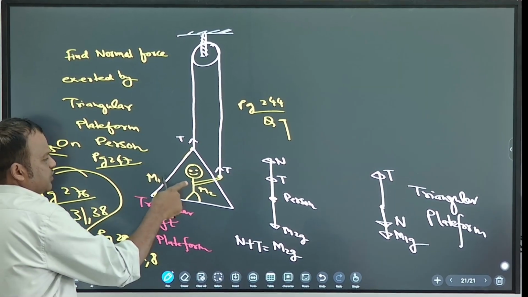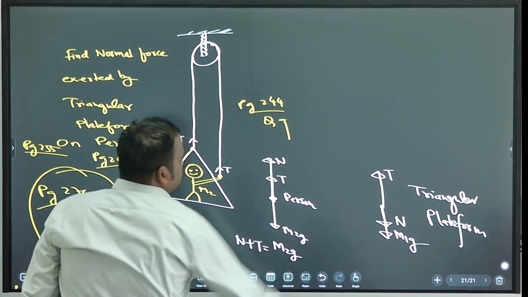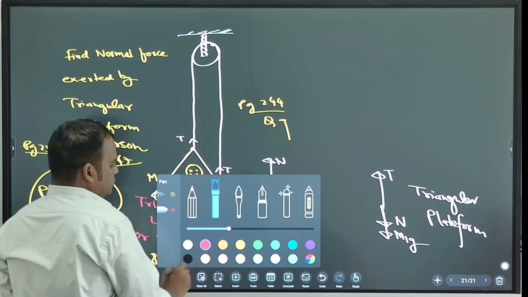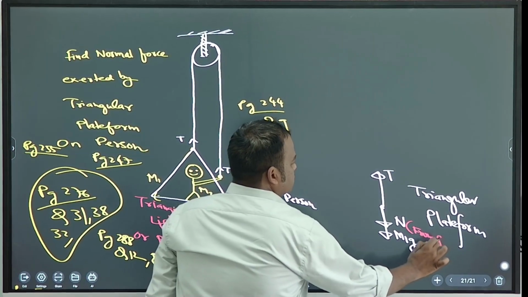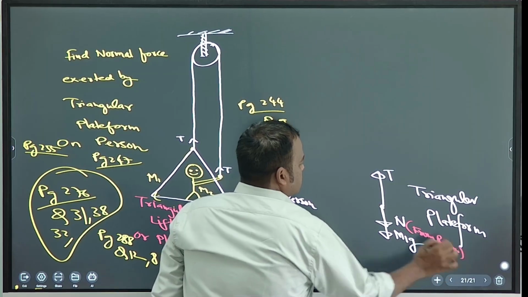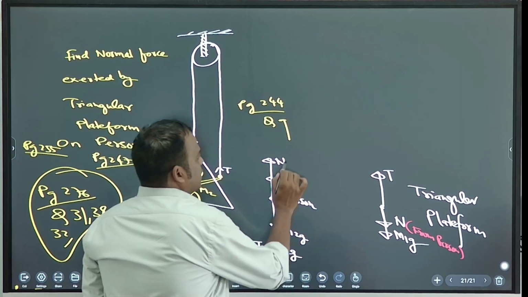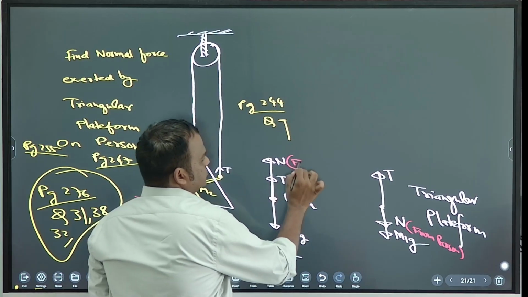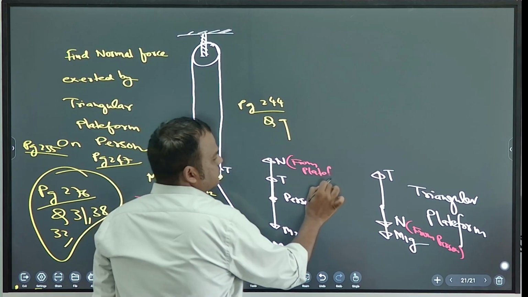So the platform exerts normal on the person up, and the person exerts normal on the platform down. This is the normal on the platform from the person, and this is the normal on the person from the platform. You have to understand all these things.